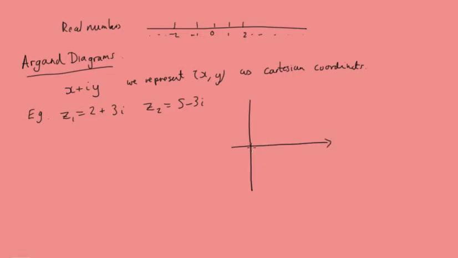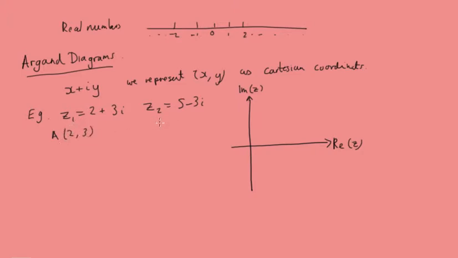So we would plot along the x-axis our real component for z, and along our y-coordinate we plot the imaginary component of z. So for z1 we'll have point A, and we'll have that as (2, 3).